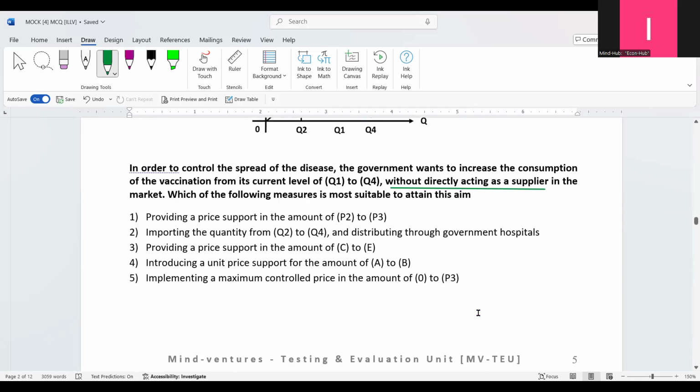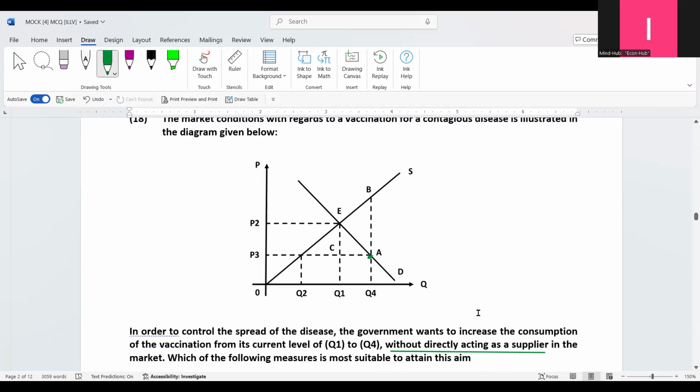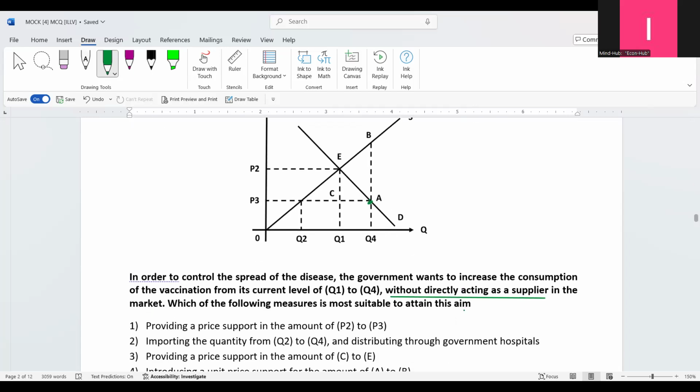So what would work? Providing price support in the amount of P2, P3. P2, P3 price support wouldn't do. Consumers are willing to go up to Q4, but they will only do that if the price is P3. You guys can see that here, right? The price at which consumers will buy Q4 quantity of the vaccine is P3.